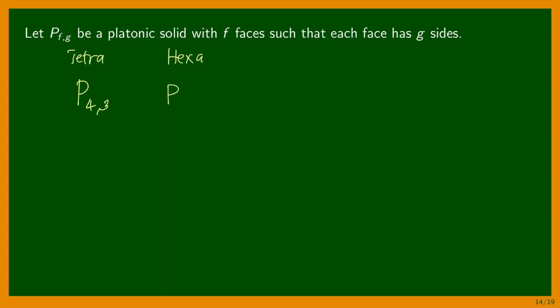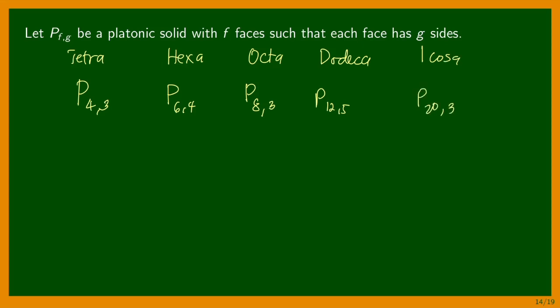Pag hexa, P64, kasi 6 na cube. Octa, 8 triangle, P83 yun. Dodeca, meron kang 12 na pentagon. Icosa, meron tayong 20 na triangles. Ayan yung mga combinations ng F and G.